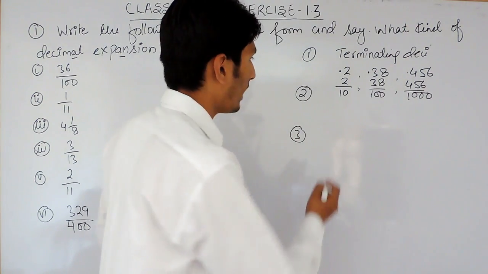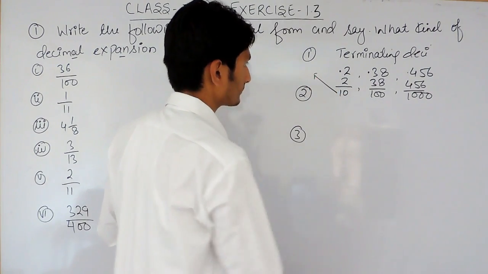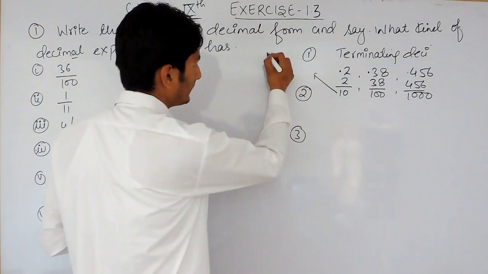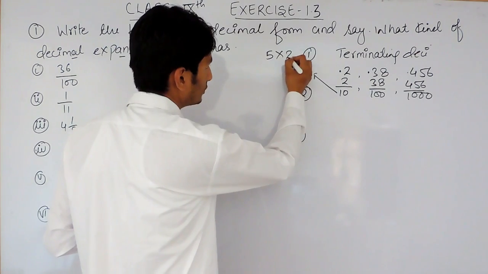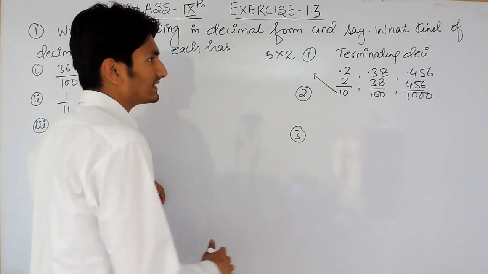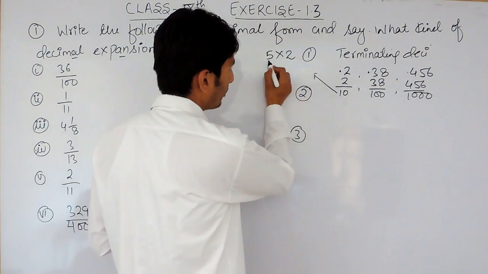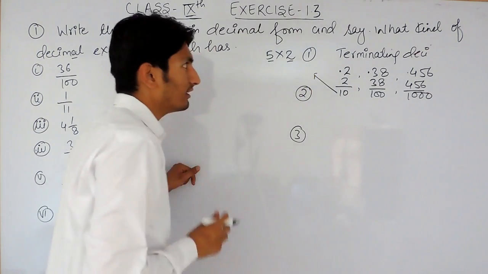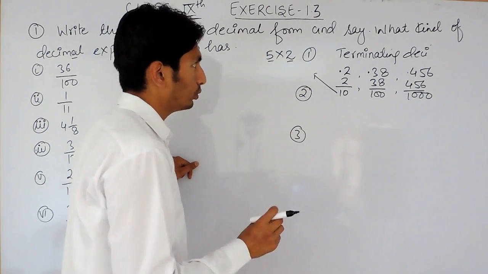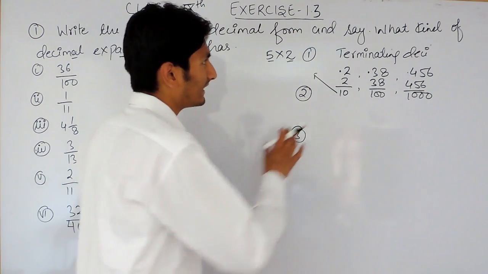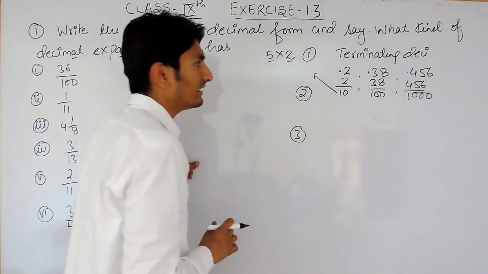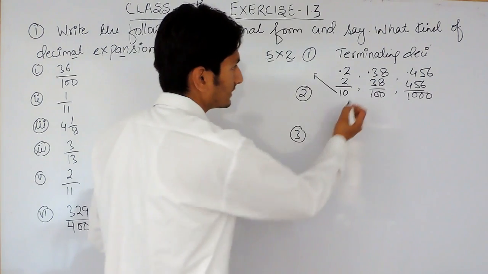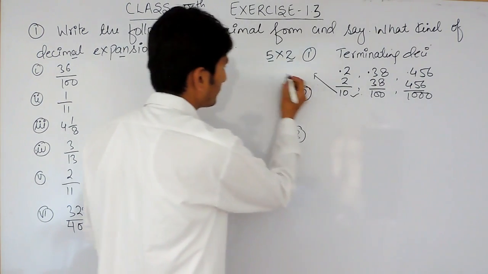Now how can we form a 10? We can form 10 by multiplying 5 with 2. So if in the denominator we have 5 or 2 or both, in that case that decimal will terminate. For example, this is 2 upon 10, this will terminate.